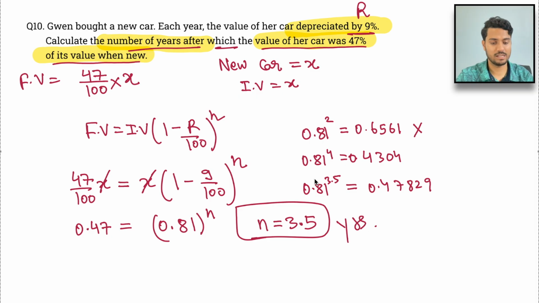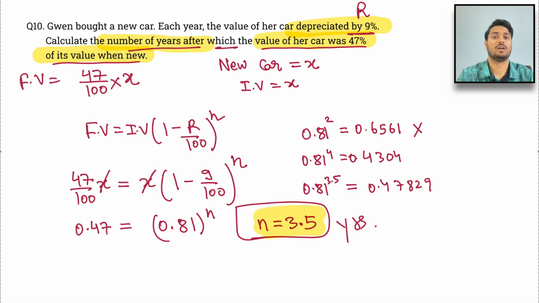If you want to check precisely, we can check 3.6 also. 3.6 is not possible, and if I check 3.4, that is also not possible. So exactly it is 3.5. Yeah, so that's the answer.